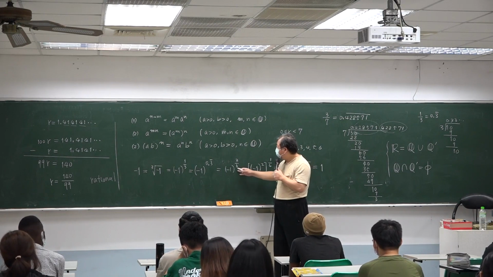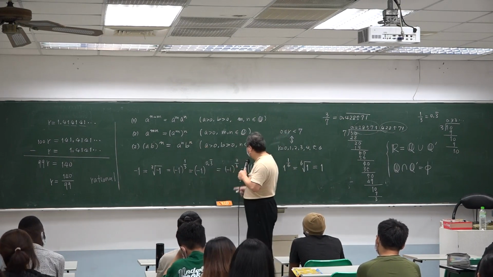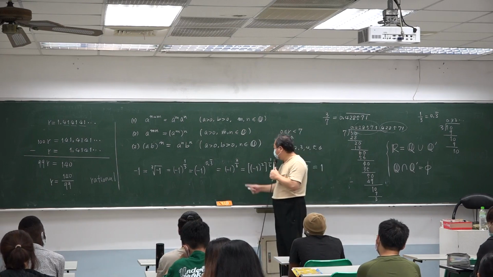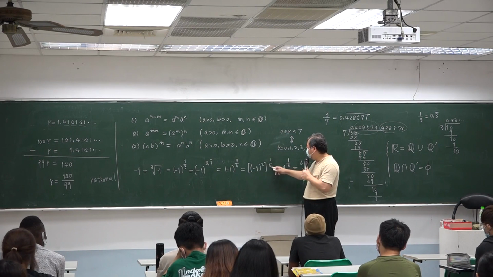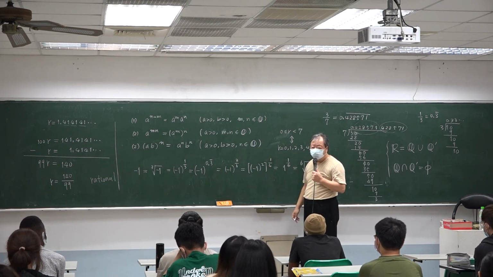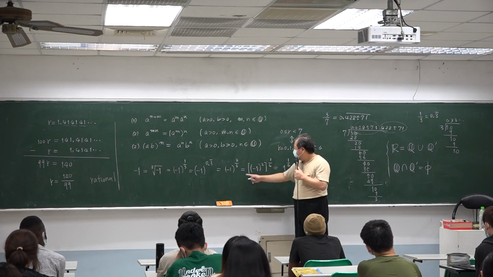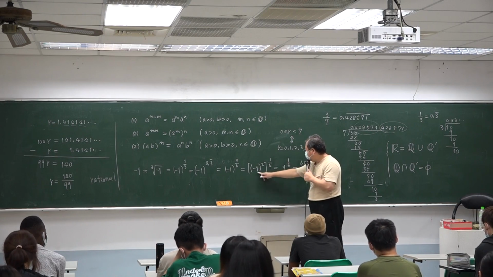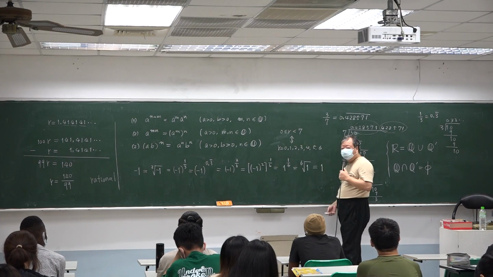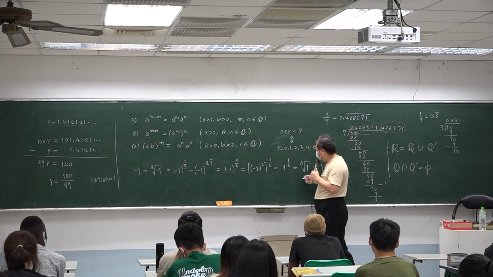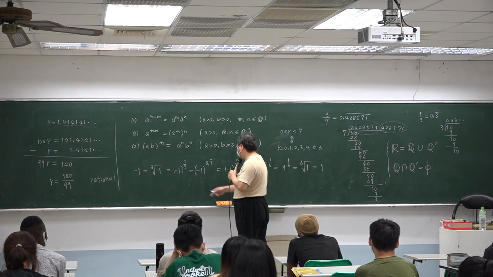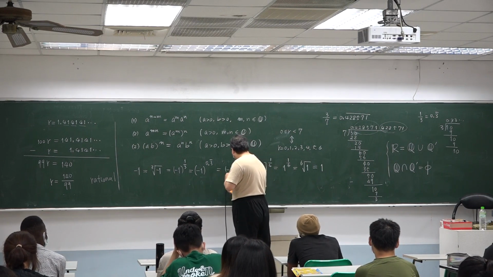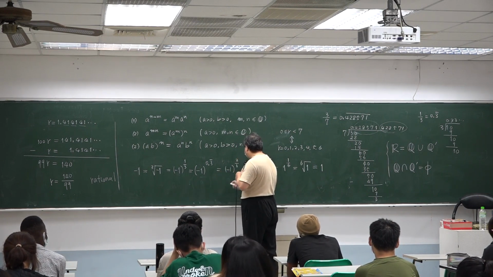And this one, according to this law, equals the product of two and 1/6. And this one equals 1. Anyway, from here to here is right. From here to here is right, so I think this is not correct.